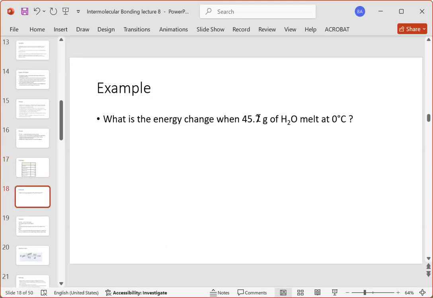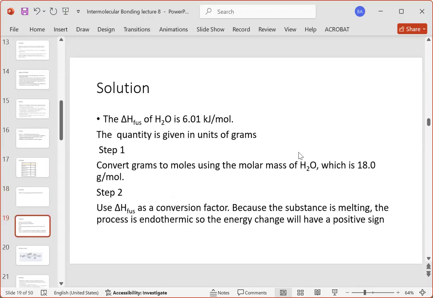So we need to change this 45.7 grams into moles so that we can use that number. The coefficient of 6.01 kilojoules per mole, but the quantity is given in units of grams. So you convert grams to moles using the molar mass, which is 18 grams per mole.